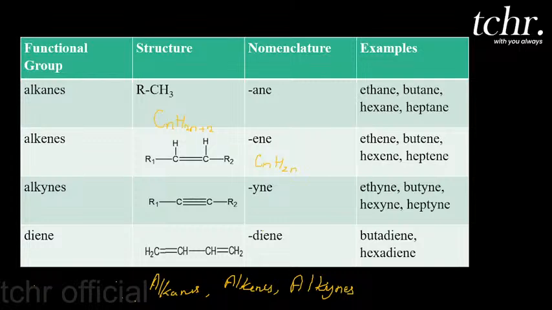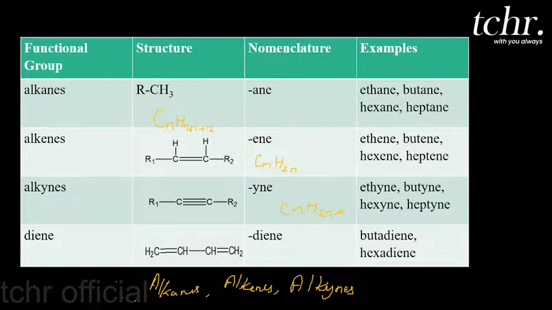Whereas for alkynes, it is CnH2n-2. That means hydrocarbons contain mainly carbon and hydrogen. Based on single bond, double bond and triple bond, we can classify hydrocarbons into alkanes, alkenes and alkynes. So first let us discuss alkanes.